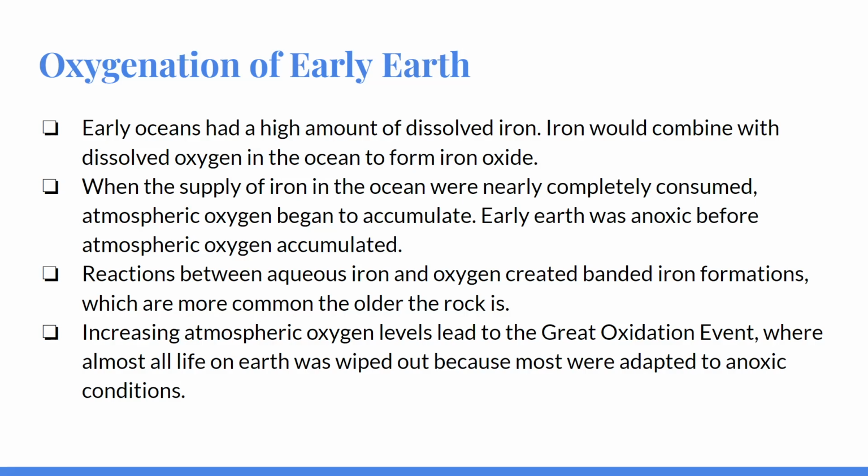Before that, the early Earth was anoxic, which means it had really low amounts of oxygen in the air. And then when you started getting a lot of atmospheric oxygen, that was when one of the biggest mass extinction events in Earth's history occurred, because most of the life at that time was adapted to low oxygen environments.